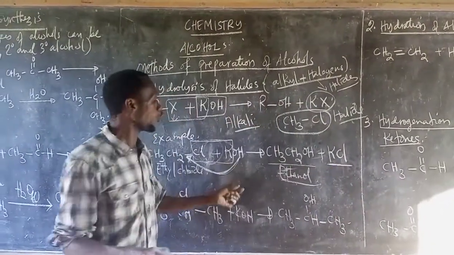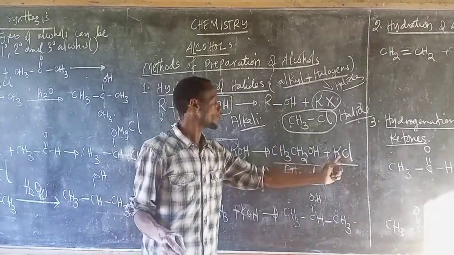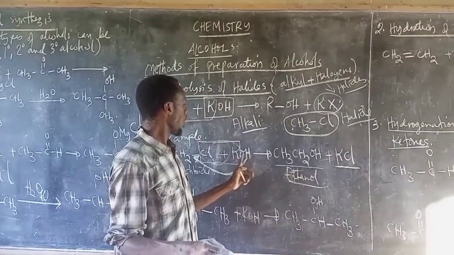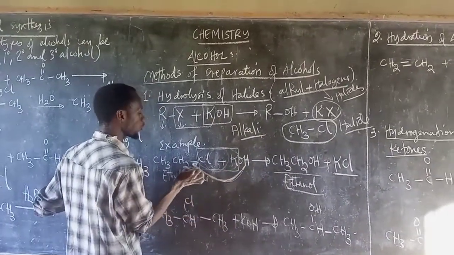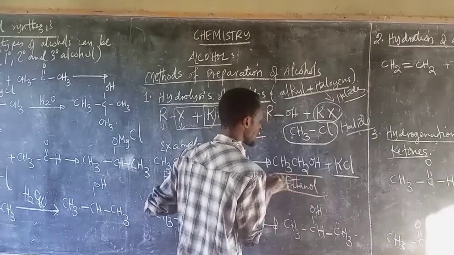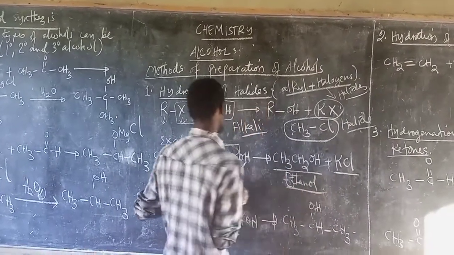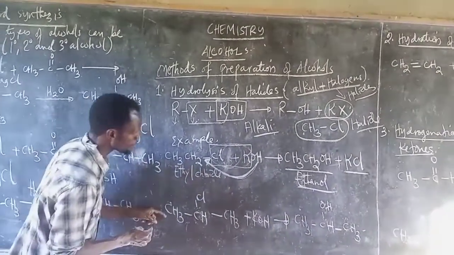Kwa maana hiyo huyu ataungana na huyu kutengeneza potassium chloride. Halafu huyu OH atakuja kuwa replaced badala ya chlorine ambapo tayari atatengeneza alcohol. That is called ethanol.